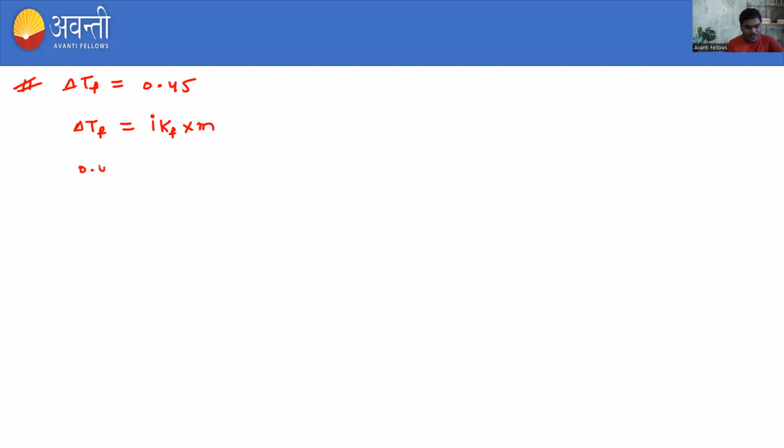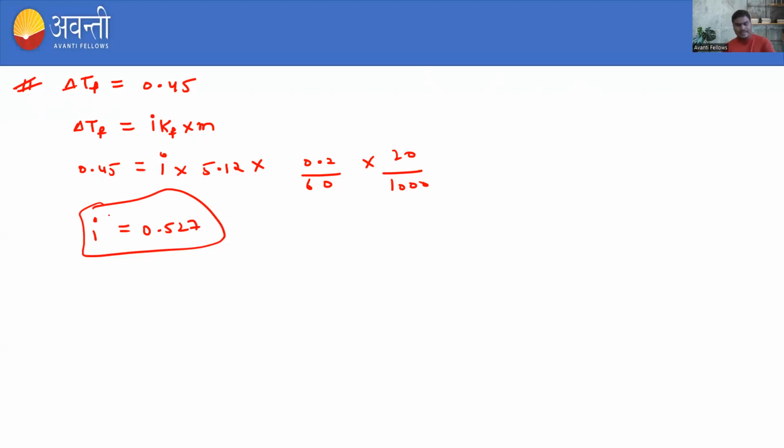So this value is given, 0.45. i you have to calculate. Kf we know is 5.12. And for molality, we know all the values: mass of the solute 0.2, molecular mass 60, into 20 upon 10 to the power 3. So from here, you'll calculate i, which comes out to be 0.527.